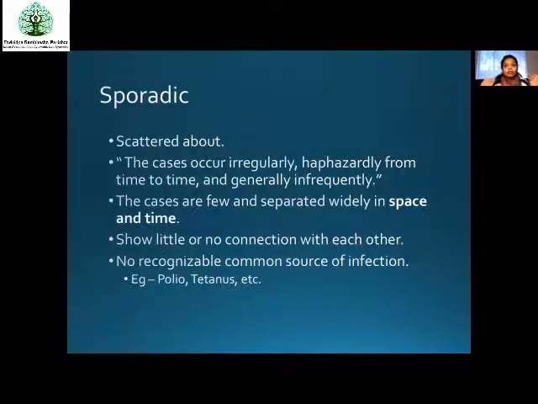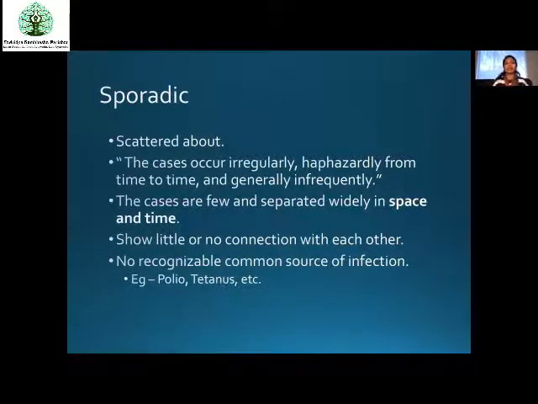If you try to trace it out, you won't find a proper relation between the cases. They don't show any connection with each other. There is no common source from which you can trace that the cases in Bangalore and Bidar are related. There is no relation of water or environment or anything for that matter. This is how sporadic diseases work.